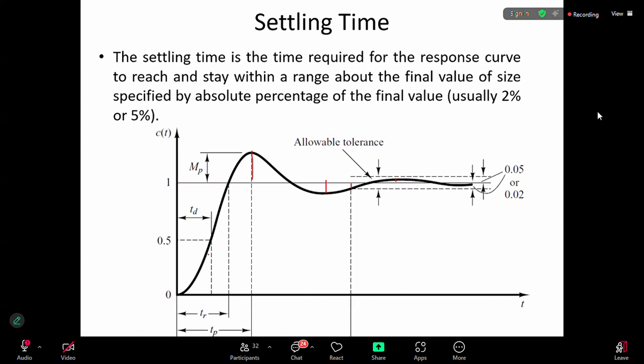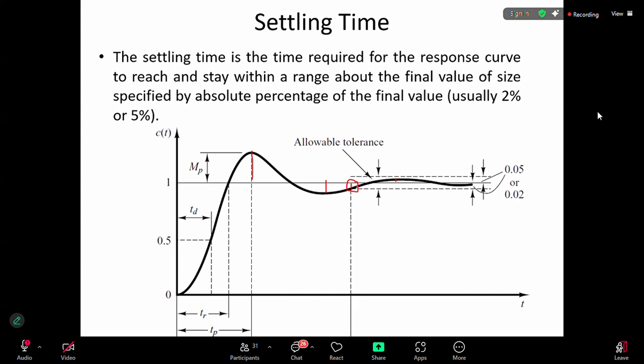And this response, when it overshoots and deviates from the steady state value, when it is coming within that 5%, that means within 0.05, that time is known as the settling time.